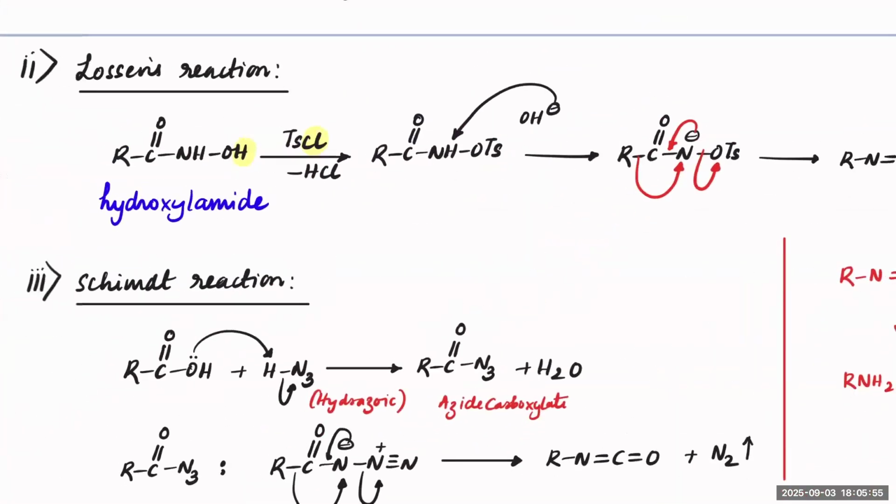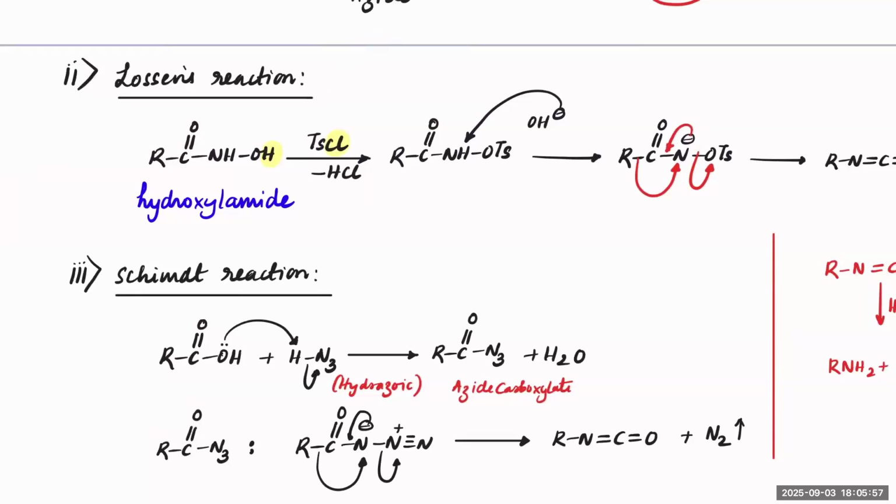Next one, Lossen's reaction. Lossen's is, instead of simple amide, you take hydroxyl amide. There is a hydroxyl group present on the amide. Then react with TsCl, tosyl chloride. On reacting with tosyl chloride, this H and Cl will be released. You will get OTs.